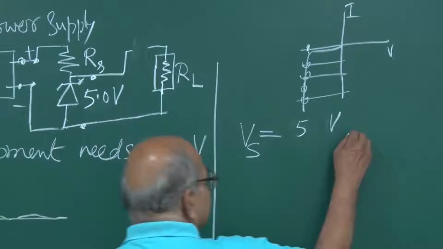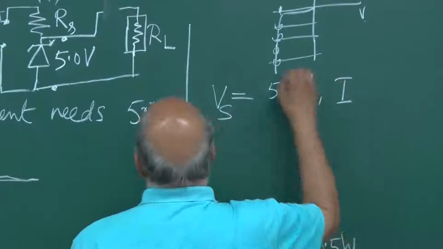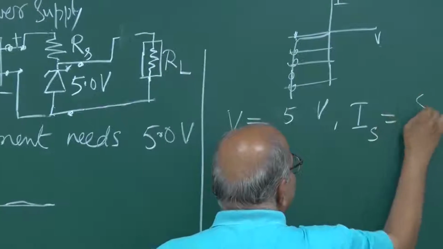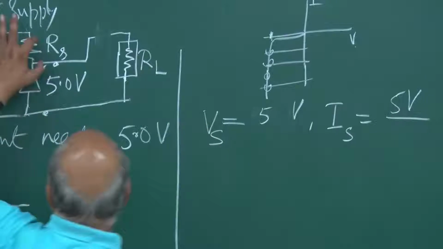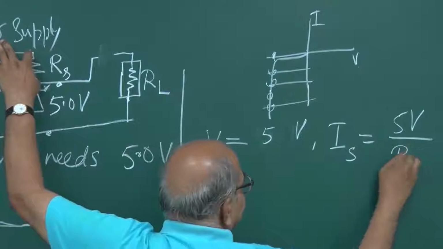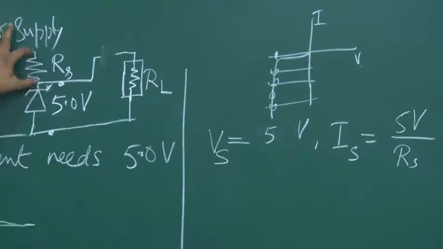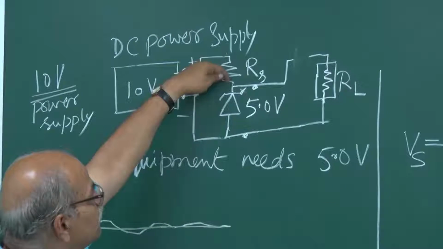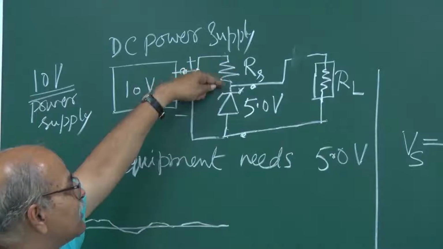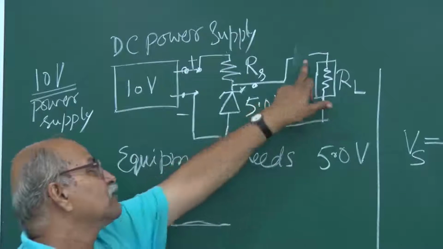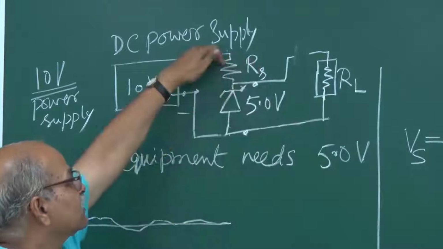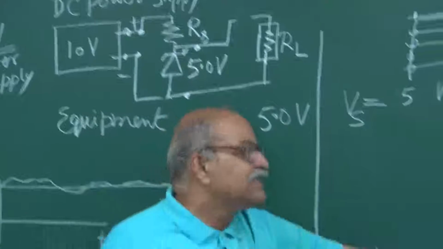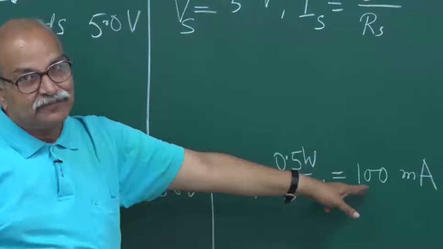Nevertheless, what is the current through this RS? That current will be 5 volt divided by this RS. The voltage drop divided by this resistance will be the current. But that same current is going through the Zener, because it is a single circuit, and that current should not exceed 100 milliampere.